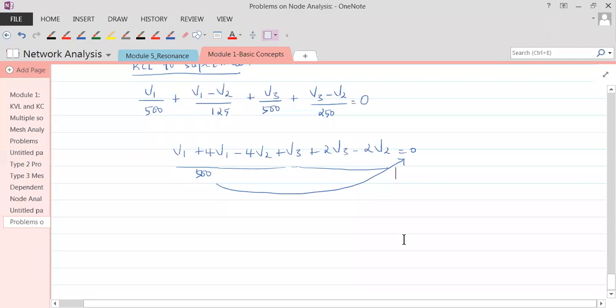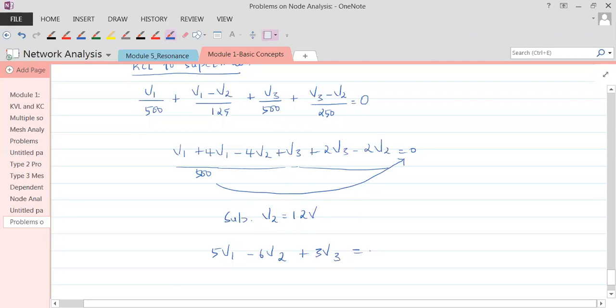Substitute V2. What is V2? V2 is 12 volts. So how many V1s are there? 5 V1. How many V2s? Minus 6 V2 plus 3 V3.